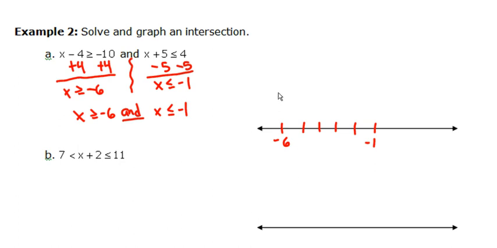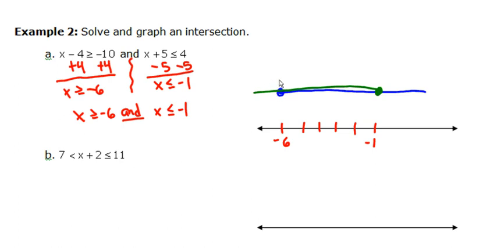So what I would do is I would put a closed circle at negative 6, and since it's greater than or equal to, I would draw to the right. Now the other inequality is x is less than or equal to negative 1. So I would put a closed circle at negative 1, and I would draw that to the left.